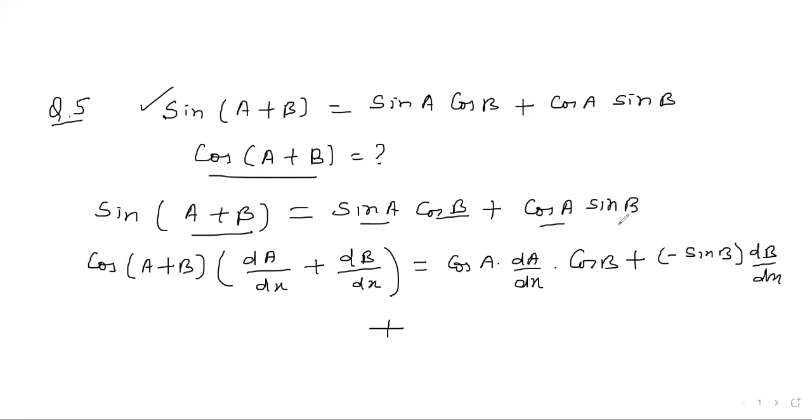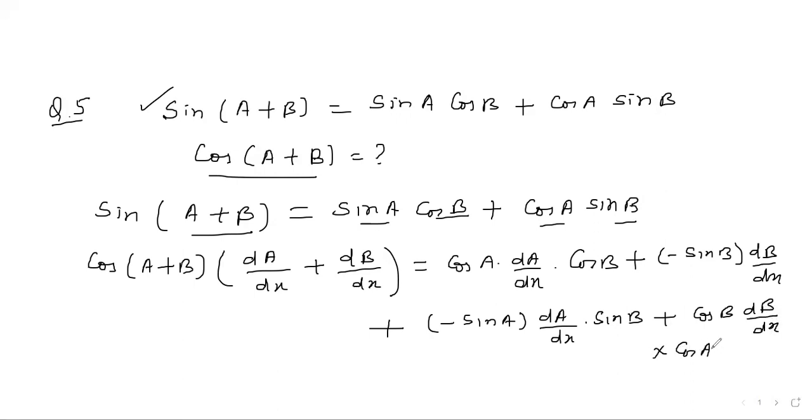Here again we apply the product rule. First we differentiate cos A, that gives minus sin A dA/dx times sin B. Now we differentiate sin B, so that will give cos B dB/dx times cos A.